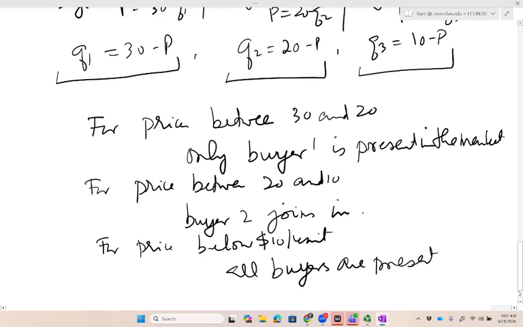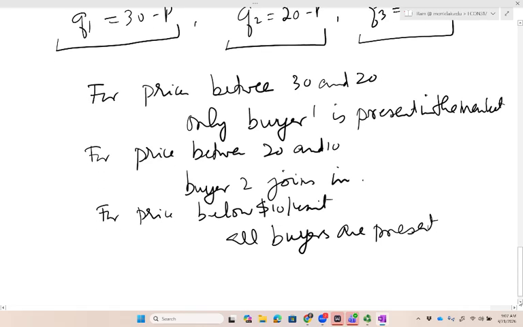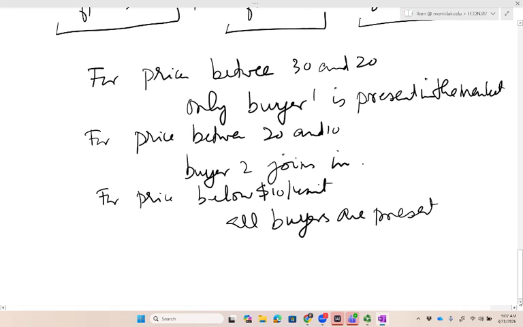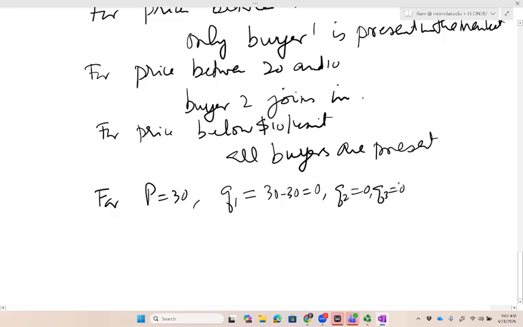And so what I will do is I will find out the quantities at the points where each buyer continues to join in. So let's say for P equal to 30, I know buyer 1 will buy 0. 30 minus 30 is 0. Buyer 2 is not there. Buyer 3 is not there.